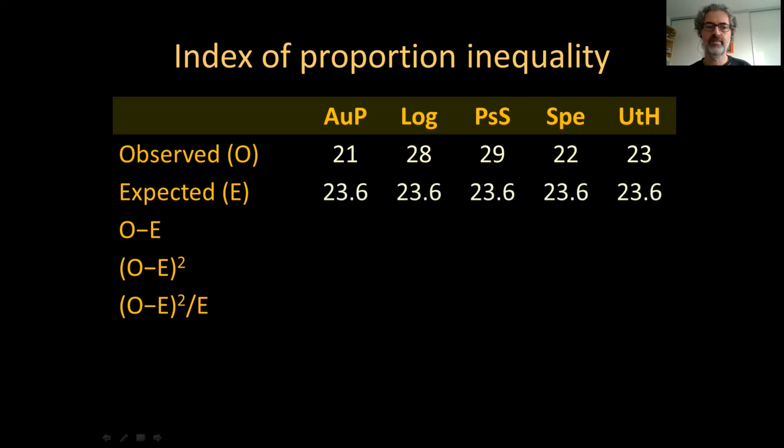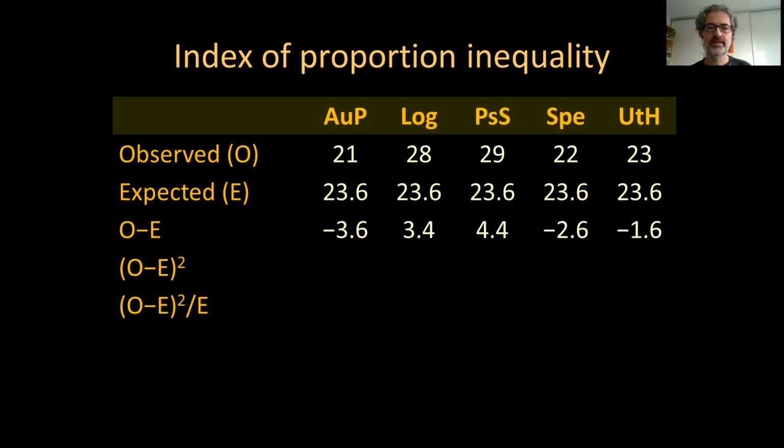The difference from expectation, therefore, is subtracting this minus this, and this is the result. Subtracting this minus this, and this is the result. This minus this, and so on. So always observed minus expected. The sum of all these would, of course, be equal to 0.